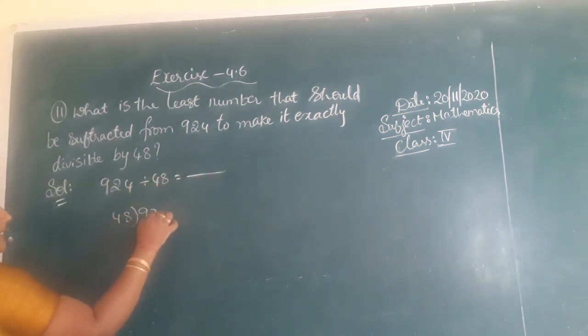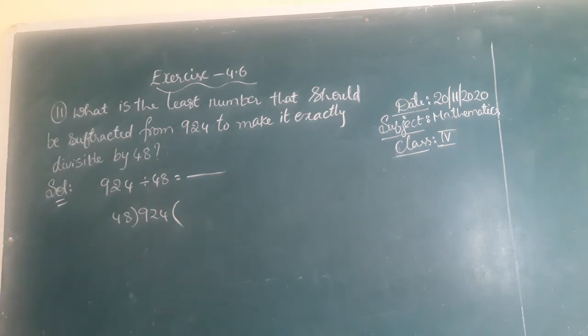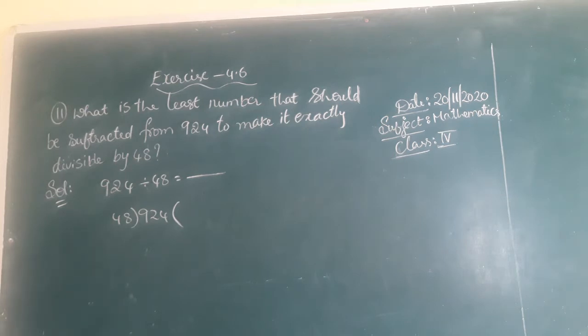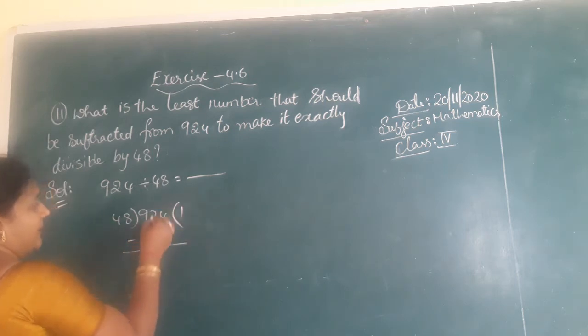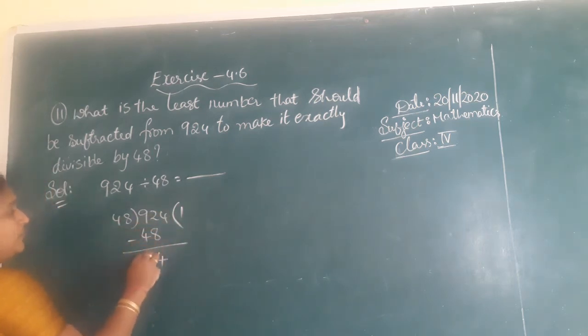48 into 924. 48 once 48, 48 twos are 96. Here only one time it is possible. 12 minus 8, 4. 8 minus 4, 4.